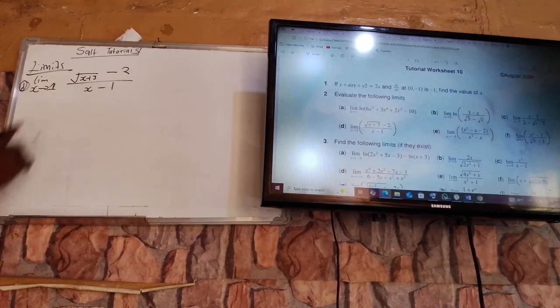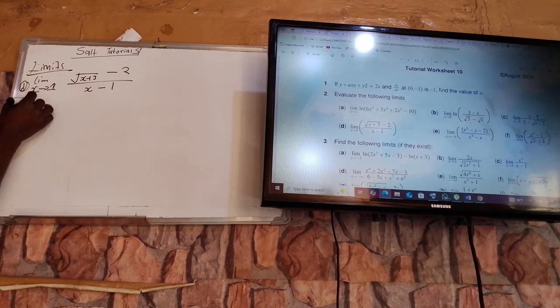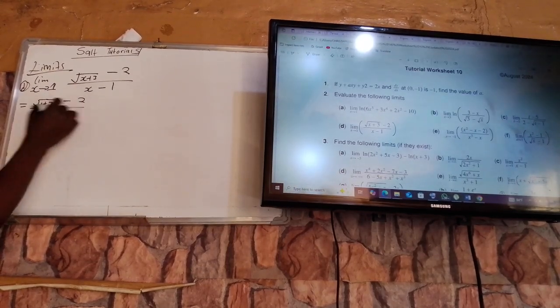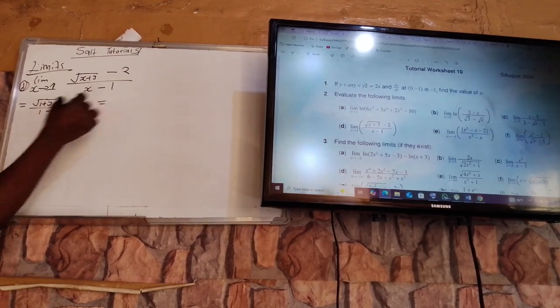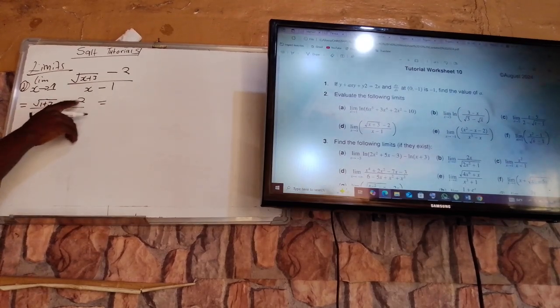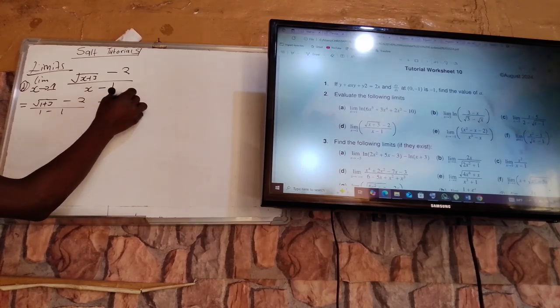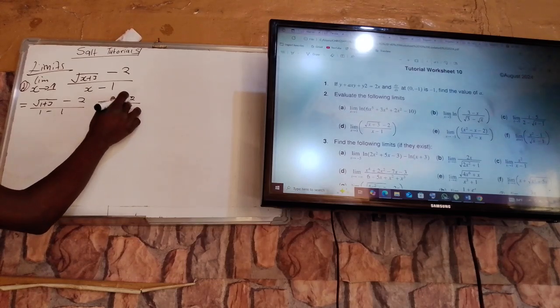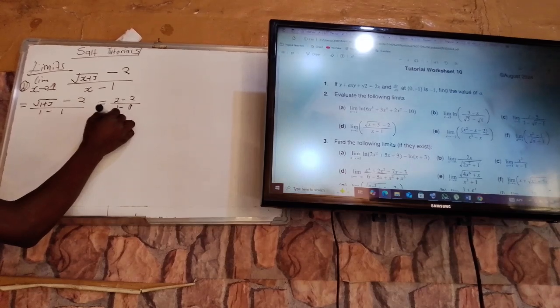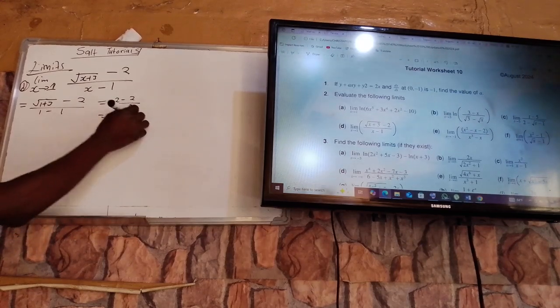So if I evaluate, if I put a 1 there, this will be root of 1 plus 3 minus 2 over 1 minus 1, which will be equivalent to what? This will be root 4 minus 2, which will be 2 minus 2 over 1 minus 1, which will be equal to a 0/0, which is an indeterminate form.